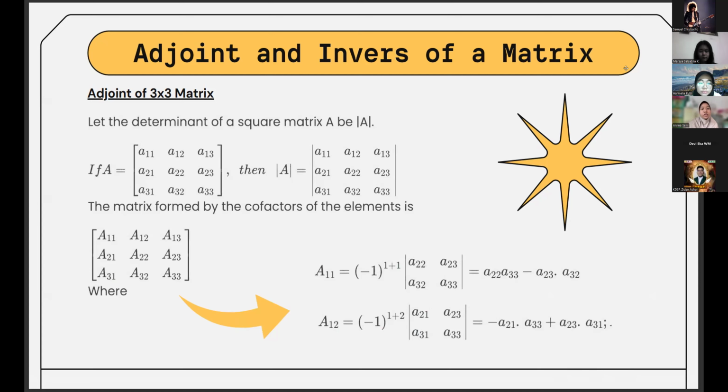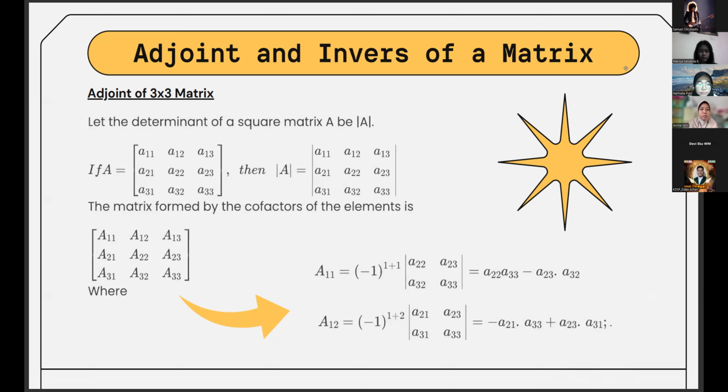Then the adjoint of a 3 times 3 matrix. Let the determinant of a square matrix A be determinant A. A11 is row 1 and column 1. A is A11, A12, A13, A21, A22, A23, A31, A32, A33.